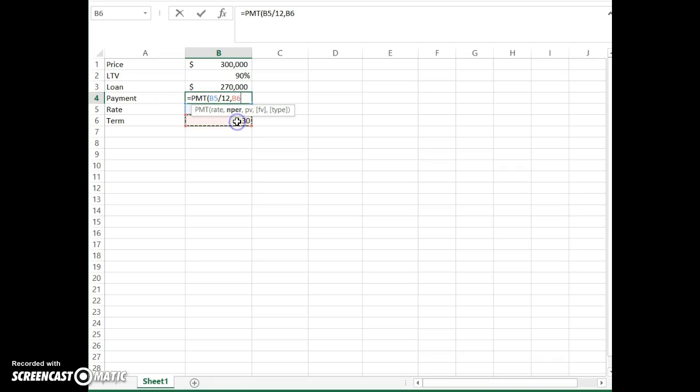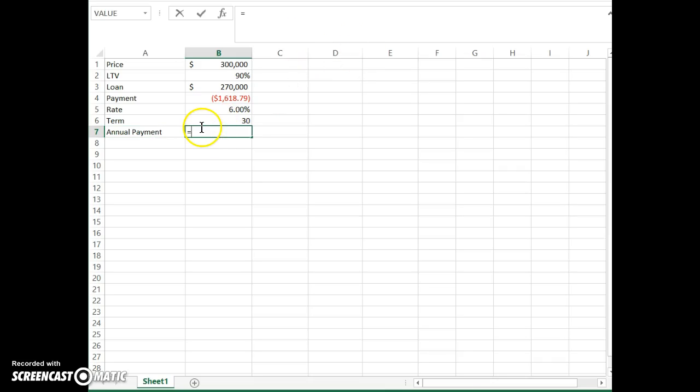Then the number of years times 12, the number of payments. We want to get 360. The PV is the loan amount, close parentheses, and I got $1,618.79.